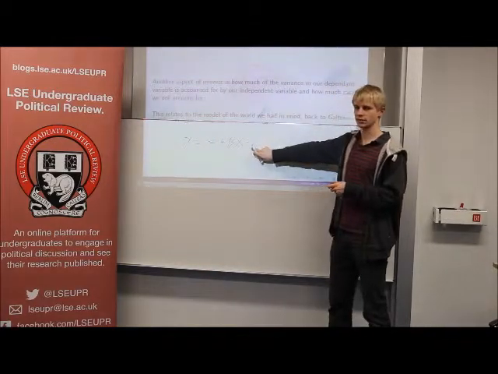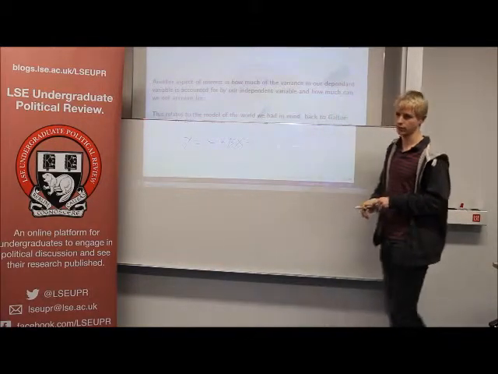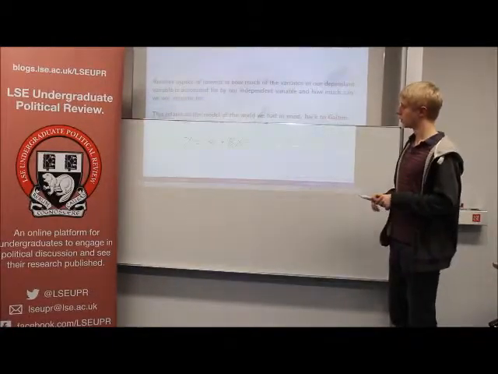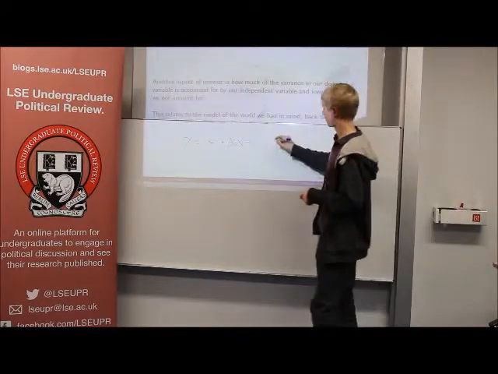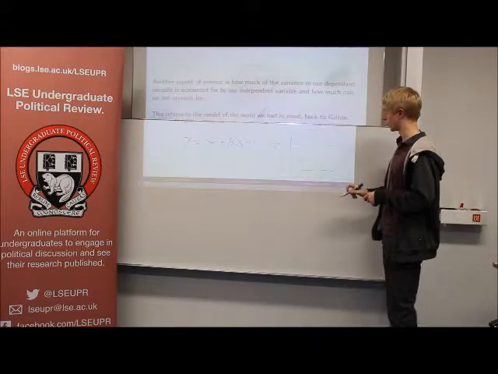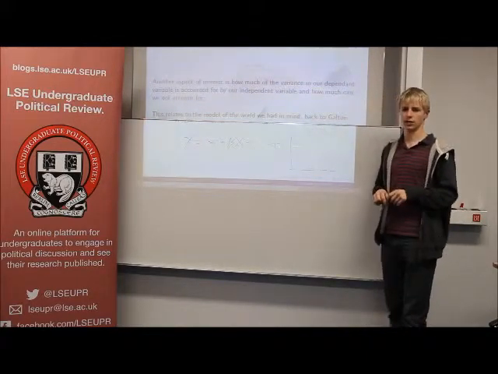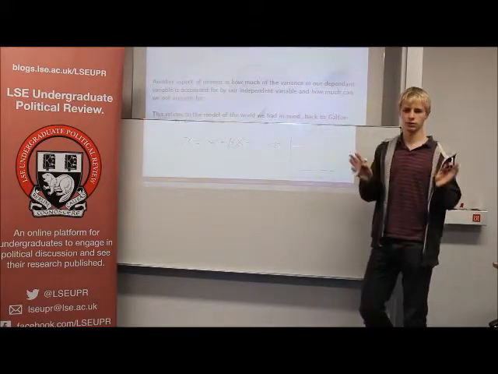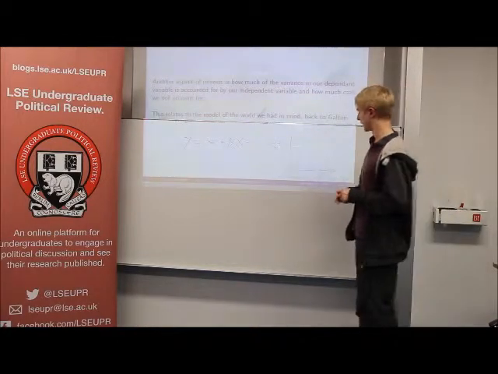So all of those things are captured in our error at the moment. So we have a model like this. Okay, great. Then I go and I survey all the recent LSE graduates, and I survey a load of graduates from elsewhere, and I get their income.